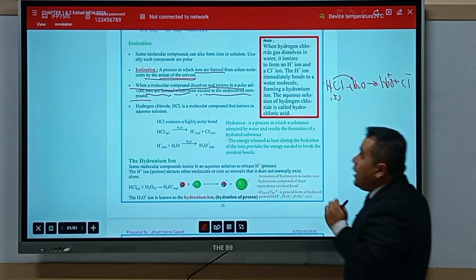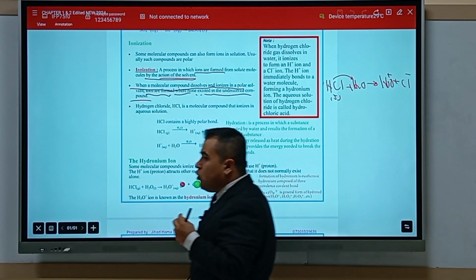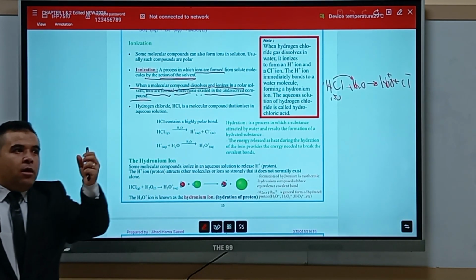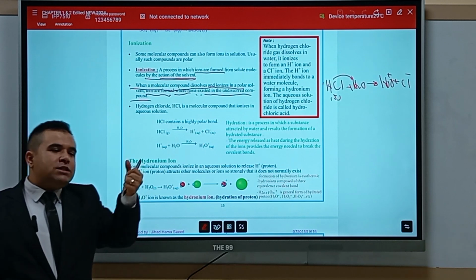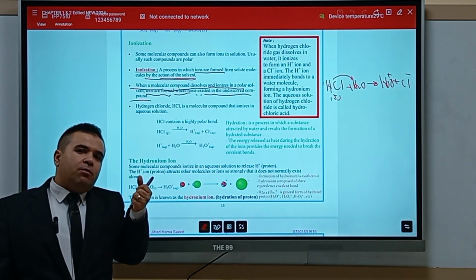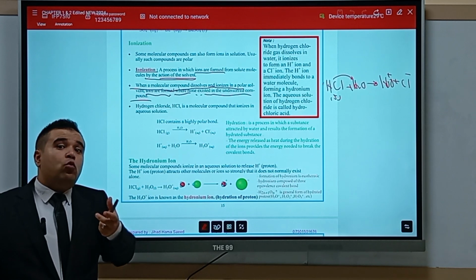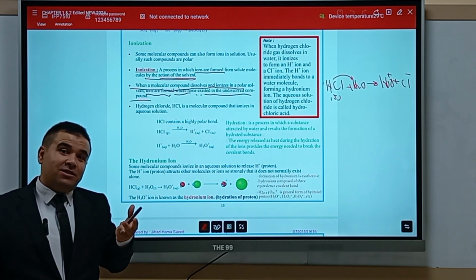For the ionization, we will be talking about the difference between ionization and dissociation in detail, but the main point is that ionization is specified for molecular compounds and there will be formation of ions, and the water will be the reactant here.